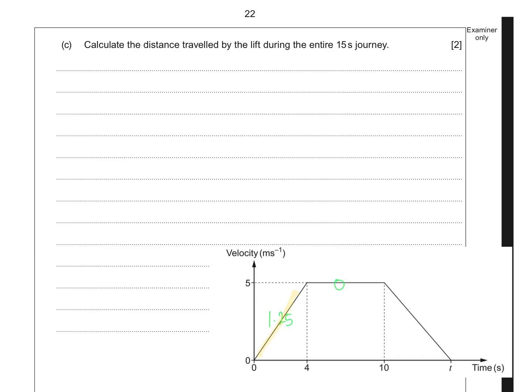So we've got this area here, this area here, and this area here to work out the sizes of. So the first one, distance. Notice from the graph there's nothing below the time axis, so there's no negative velocities for us to deal with, so it's really quite straightforward. The area of the triangle is base times height divided by 2.